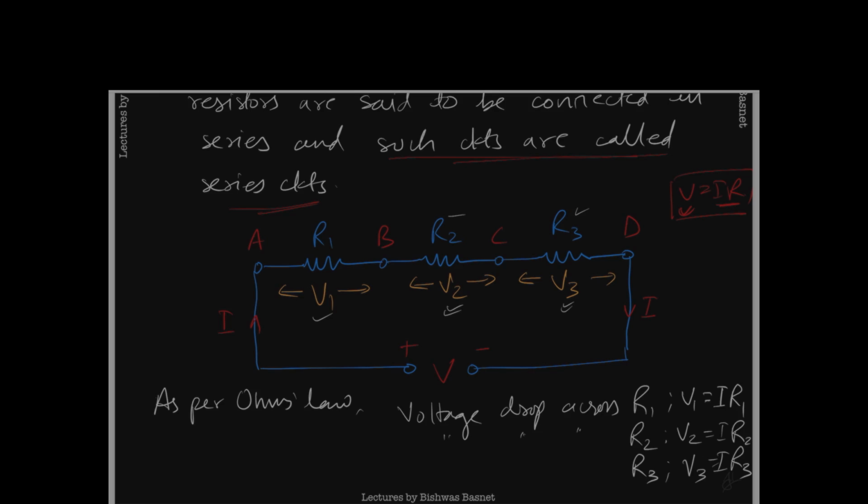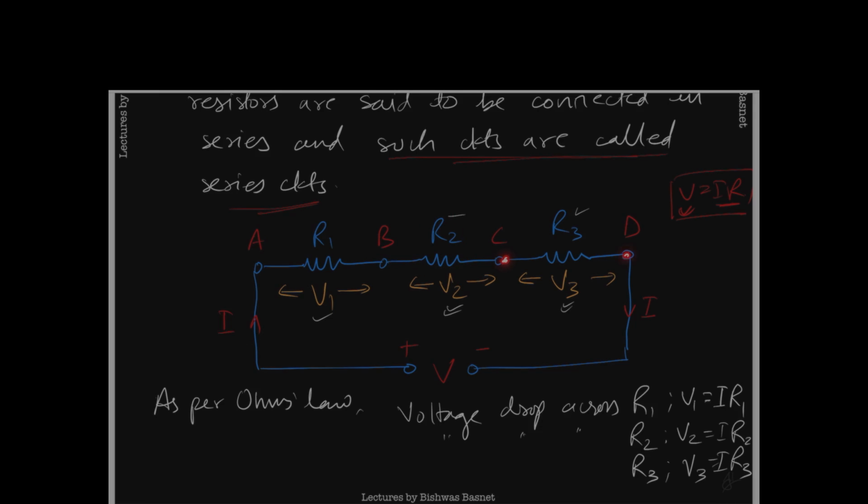So let's look at this circuit first. There is one resistor connecting from point A to point B, or let's say point A and point B are connected with the help of this resistor in between them. Similarly, point B and point C, the terminals, there is something in between them, which is resistor R2.